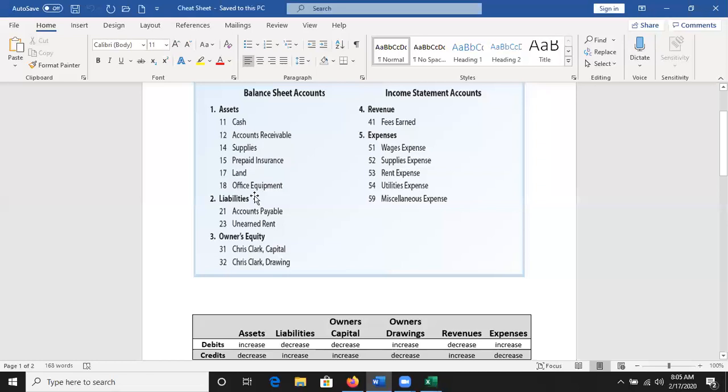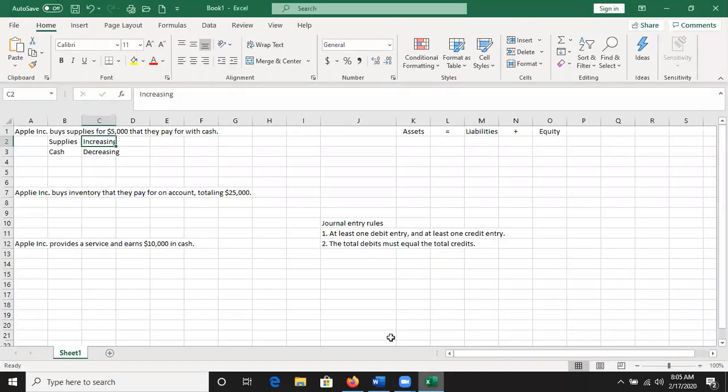Assets are resources the company owns. We said the supplies are increasing because we're getting more. So when supplies are increasing and they're an asset, you debit supplies. So we're going to go to our journal entry and we're going to debit supplies for $5,000.